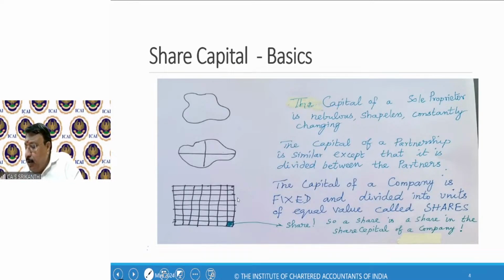For example, you have buyback, when share capital is debited, or redemption of preference shares, when preference share capital is debited, or forfeiture of shares, when share capital will be debited.